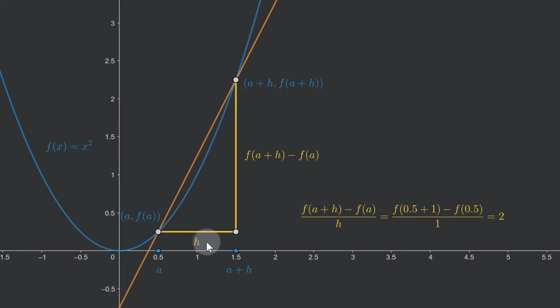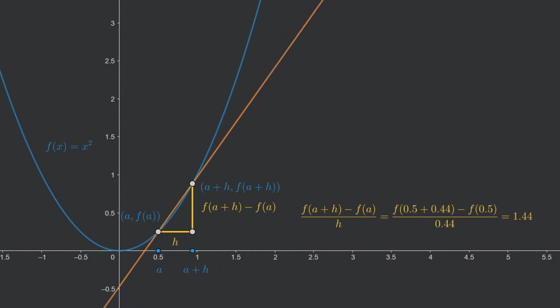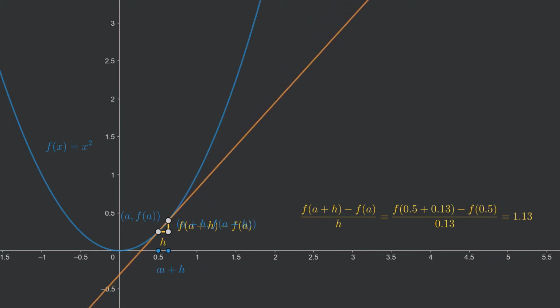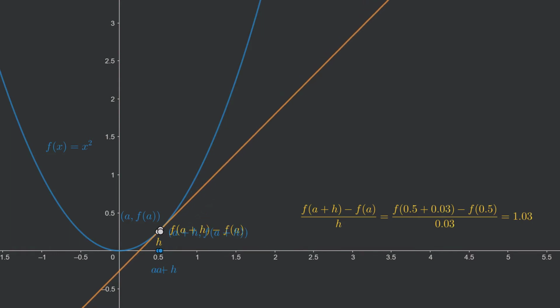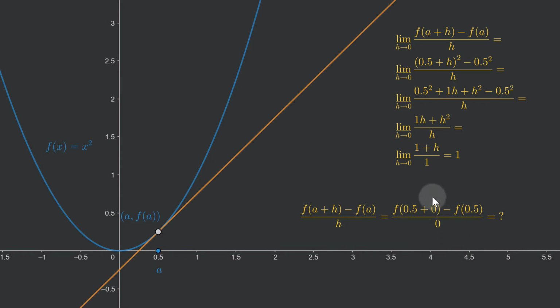Then we let h go to 0 and watch what happens to this quotient. Plugging in 0 for h directly doesn't work because it leads to a denominator of 0 and we can't calculate the fraction.